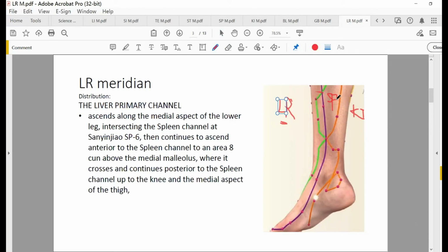Okay, and the question could be above this point. What's the sequence of these three meridians? So the sequence will be spleen, liver, kidney.